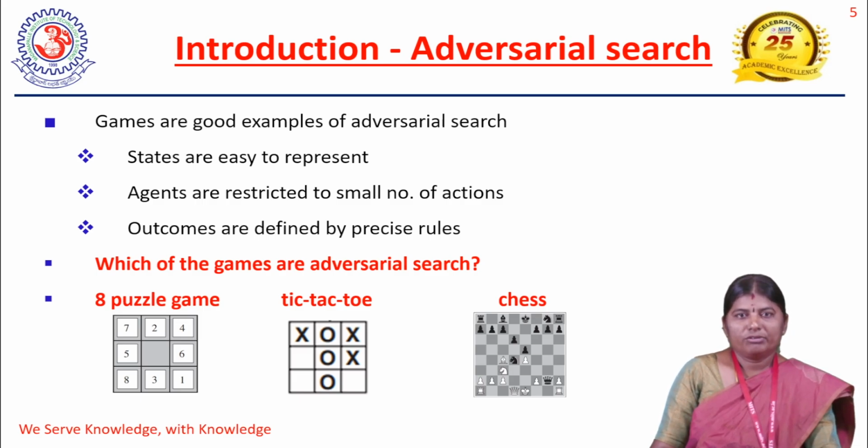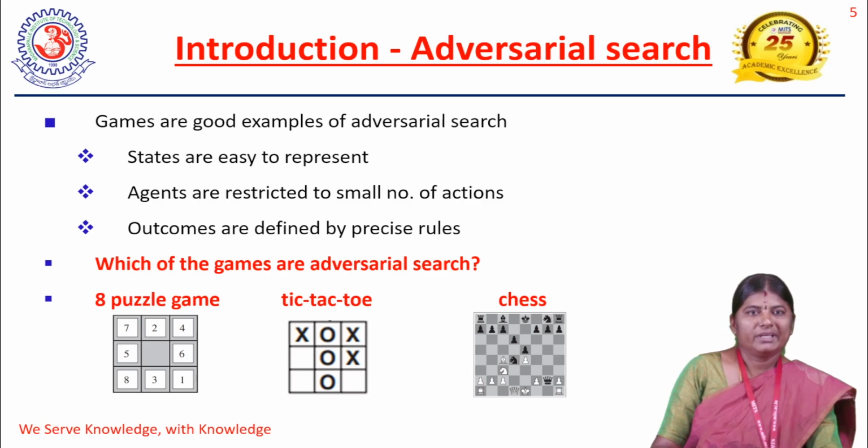But in the case of tic-tac-toe, chess and board games, player 1 plays X, followed by another player who plays his sign O. So these two happen alternately. The move is disturbed by the other player. Likewise in the chess game, player 1 moves one coin, and alternatively player 2 plays another move. So these two games come under adversarial search, but the 8 puzzle game does not.